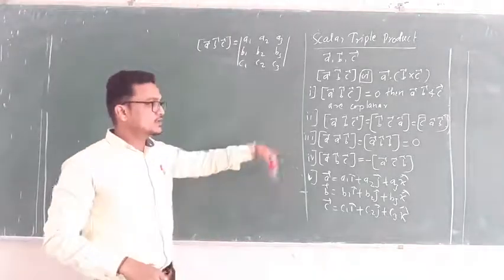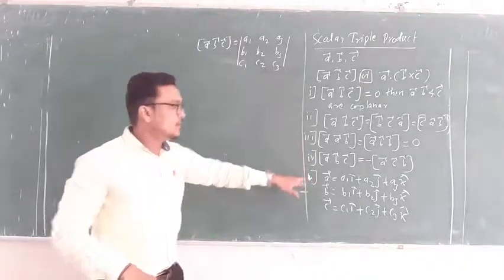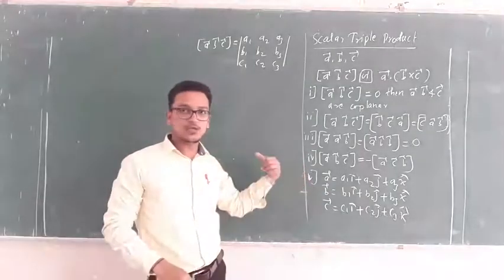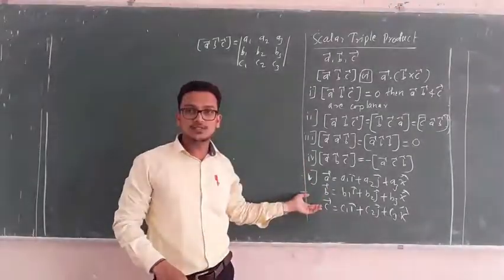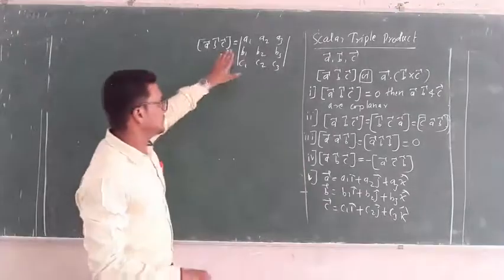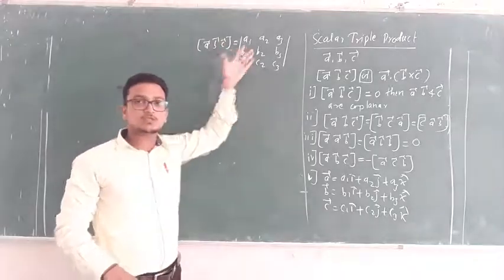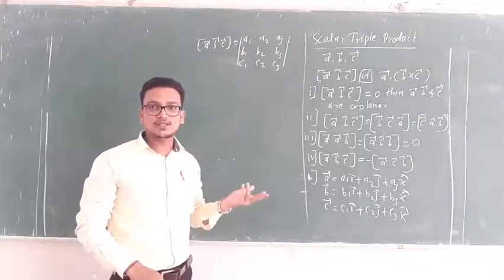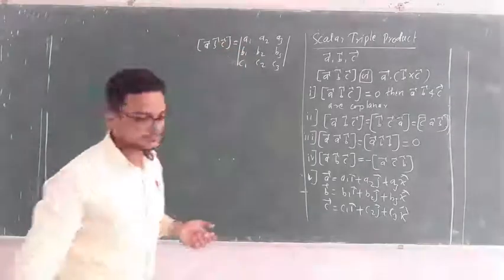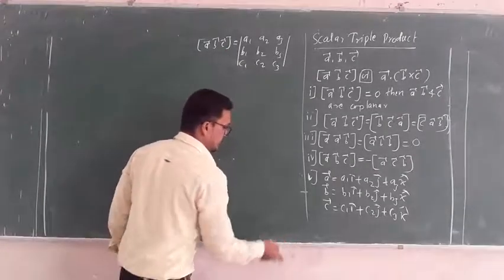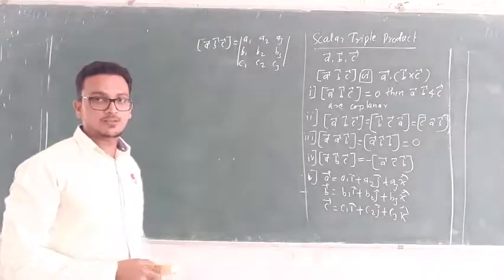Vector A's components go in the first row, vector B's in the second row, vector C's in the third row. That is the determinant, and to find its value we use the normal expansion by the first row. So these are the observations, or properties, of the scalar triple product.